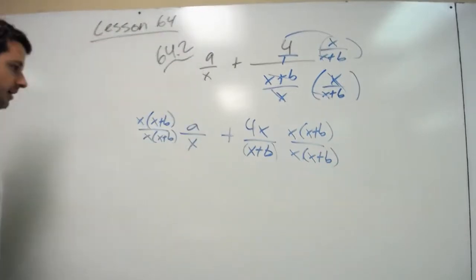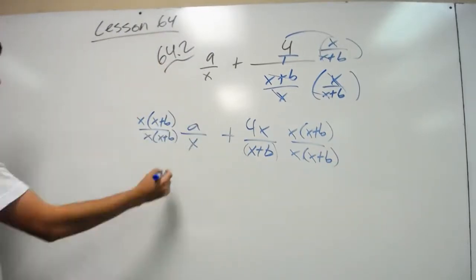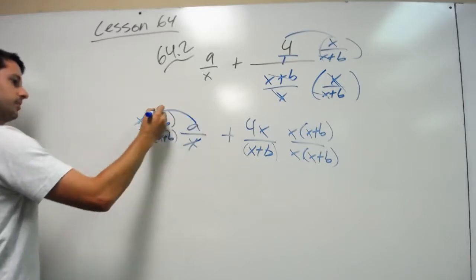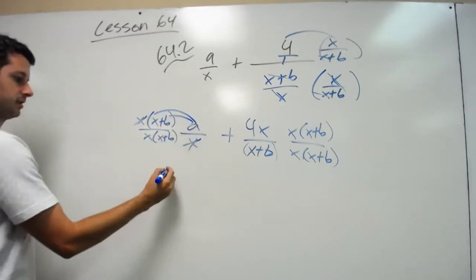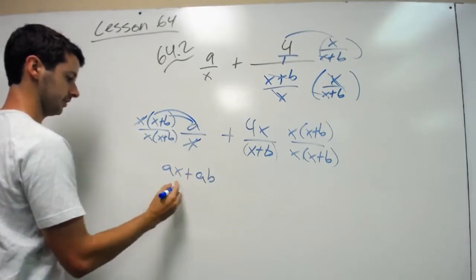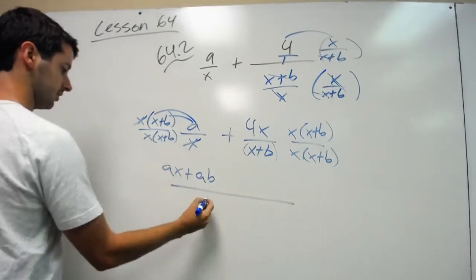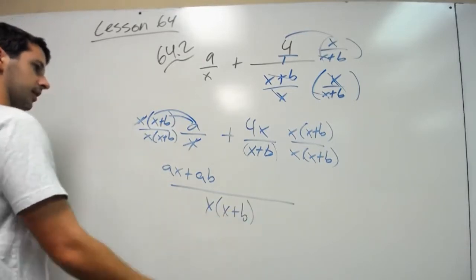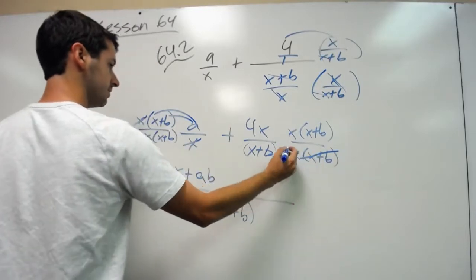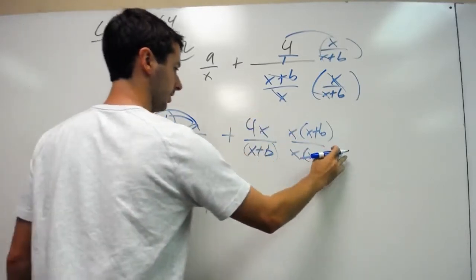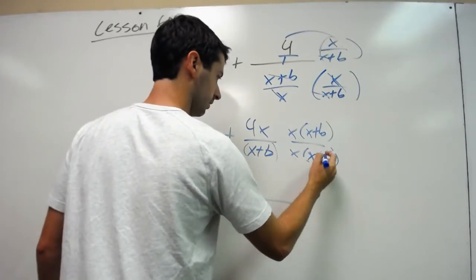So when we multiply everything by x times x plus b, these x's cross out. We distribute an a, so we get ax plus ab. Our denominator here is going to be x times x plus b. And over here, the x plus b's, sorry. Yep, my bad.